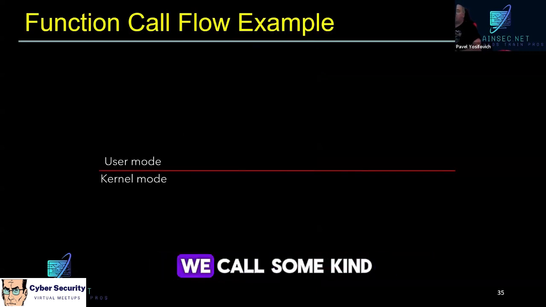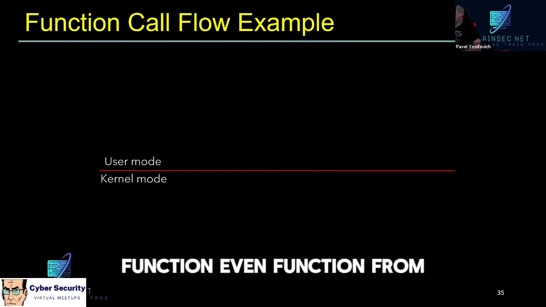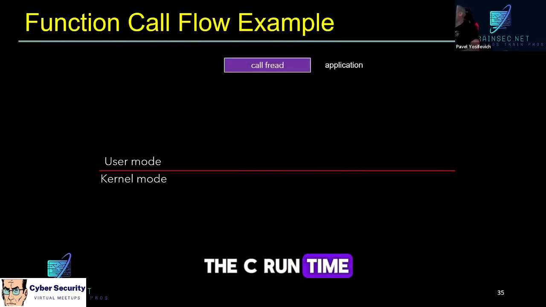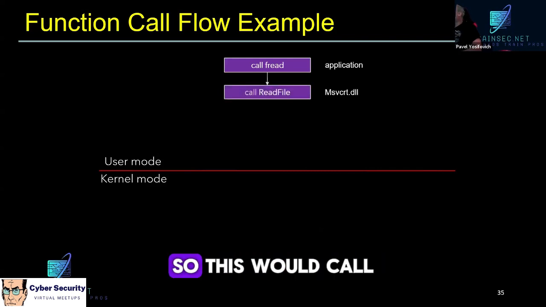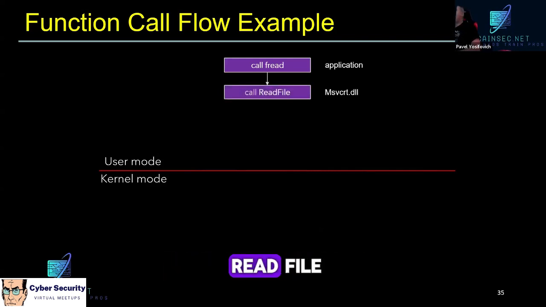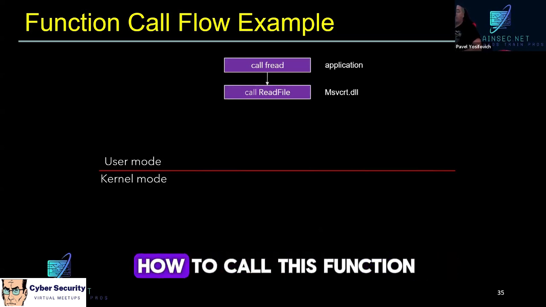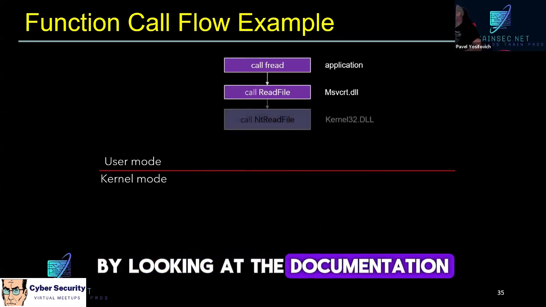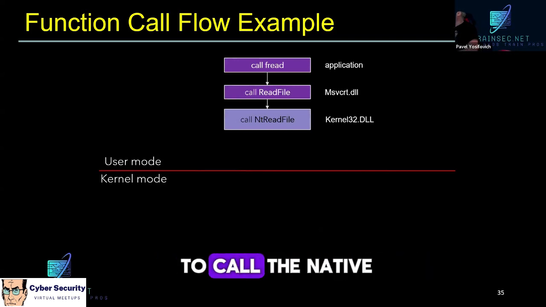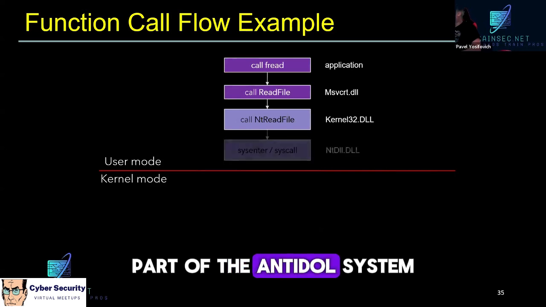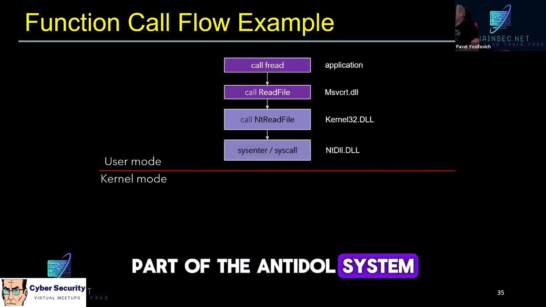So what happens when we call some kind of Windows API function, or even a function from the C runtime, such as fread to read the contents of a file, for example? This would call a Windows API called ReadFile, which is documented by Microsoft. You can find exactly how to call this function by looking at the documentation. This function is going to call the native API called NtReadFile as part of the NTDLL system-wide DLL.